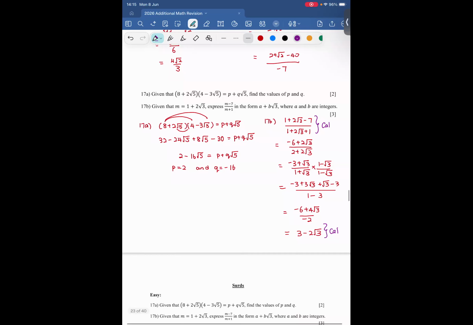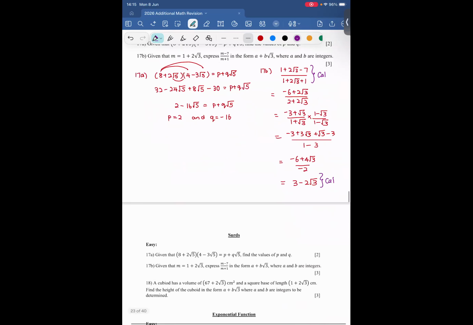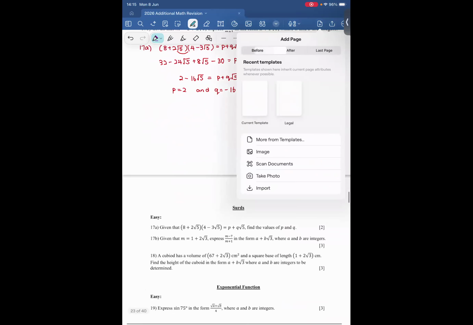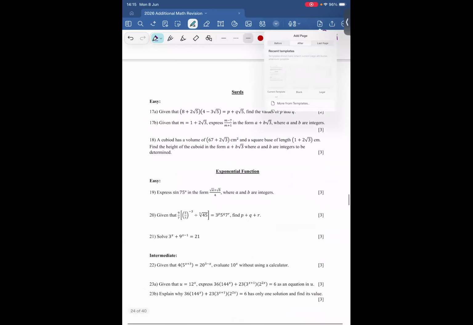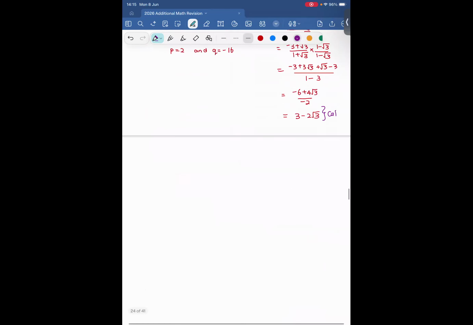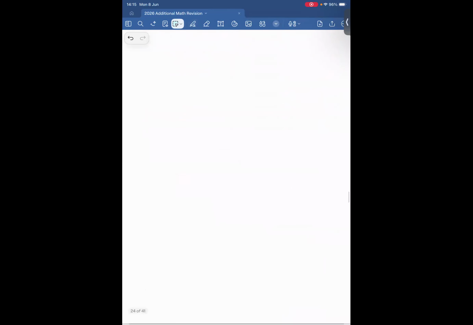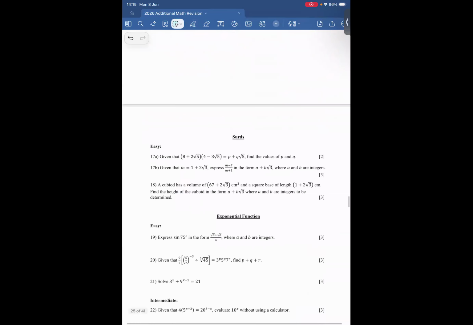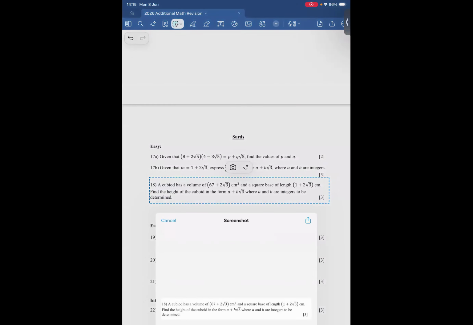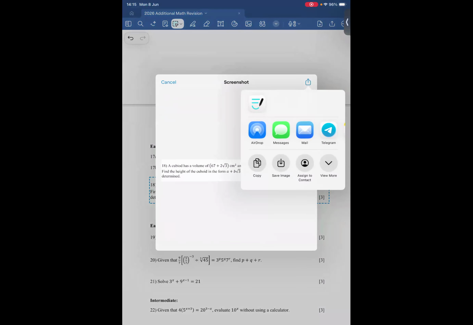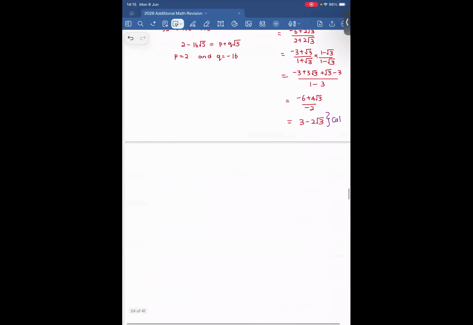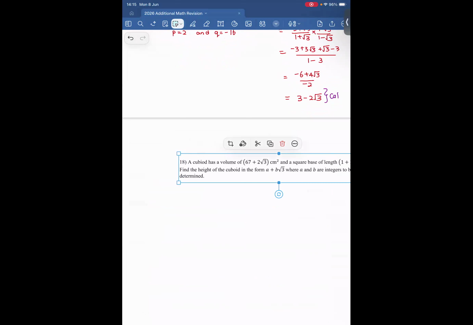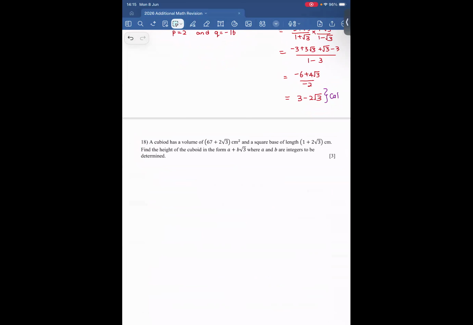Okay, next question 18. A cuboid has a volume of this and the square base of this, find the height.